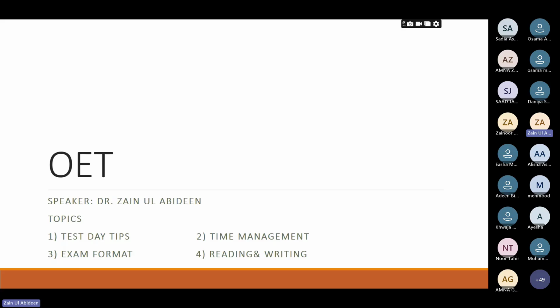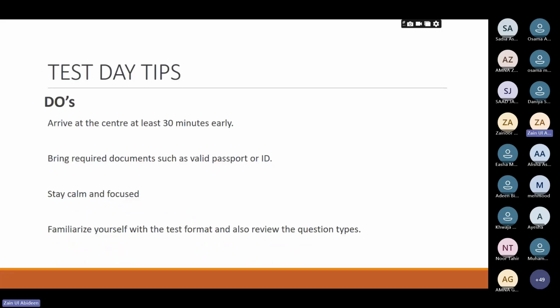So let's get started. First I'm going to go through the test day tips. The do's: arrive at least 30 minutes early. The test is most likely going to start at about 9 o'clock, but they will mention in the email they send you to please arrive at 8 o'clock or 7:30, so that the check-in process goes smoothly.